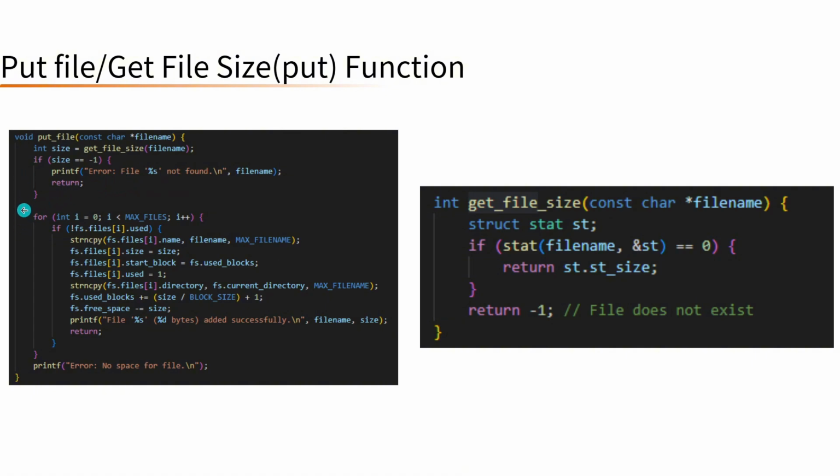And if it exists, it will get into this for loop. So it will find a space that is empty, and it will copy the file's name to the structure, and it will let the file size be equal to size, and the start block is equal to the used block, and the use flag is equal to 1, so it means the space is being used.